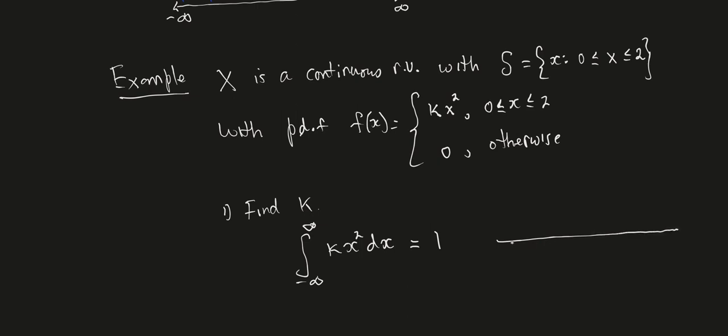So let's say this is our entire real line, and 0 is in the middle. The PDF is 0 when x is less than 0. Let me sketch it in a different color so we can identify. It's going to be 0 when x is less than 0.